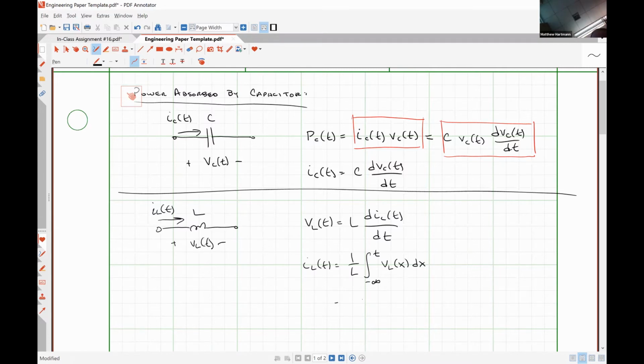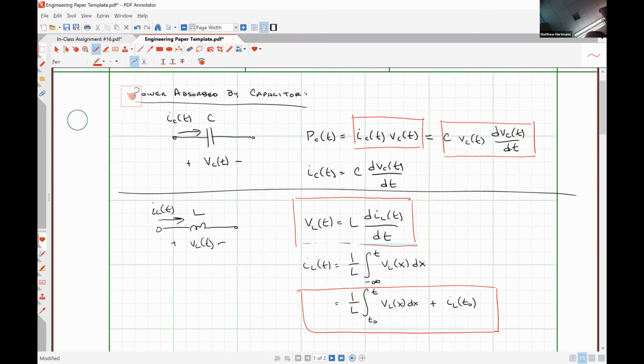But more commonly, we would see this as 1 over L integral from T naught to T of VL of X dx plus IL at T naught. So this is the fundamental relationship that governs the voltage current relationship in an inductor. And then this is just an alternative way of expressing that exact same relationship. But we would use the second one when we know what the voltage is and we're trying to find the current, and we use the first one when we know what the current is and we're trying to find the voltage.